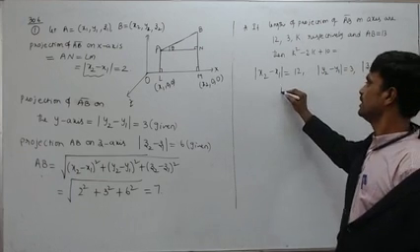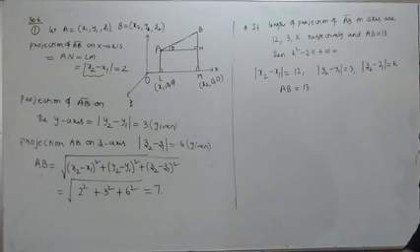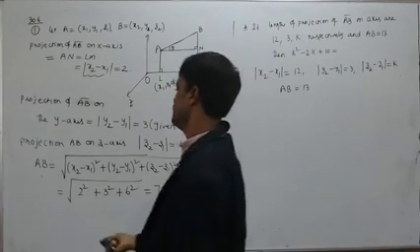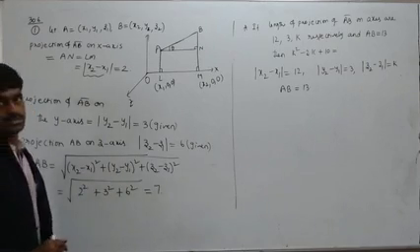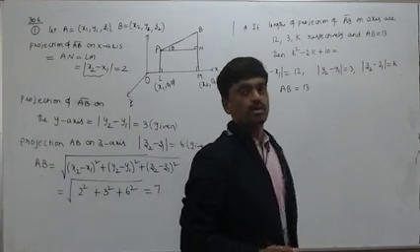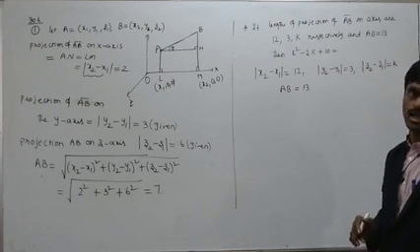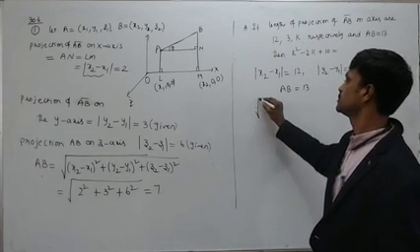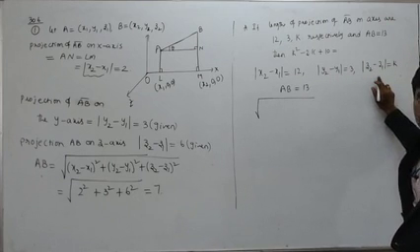And also given the length of line segment AB is equal to how much? 13. So using this relation, AB is equal to square root of (x2 minus x1) whole square plus (y2 minus y1) whole square plus (z2 minus z1) whole square. That is, it is the square root of sum of the squares of projections of AB on the coordinate axis.